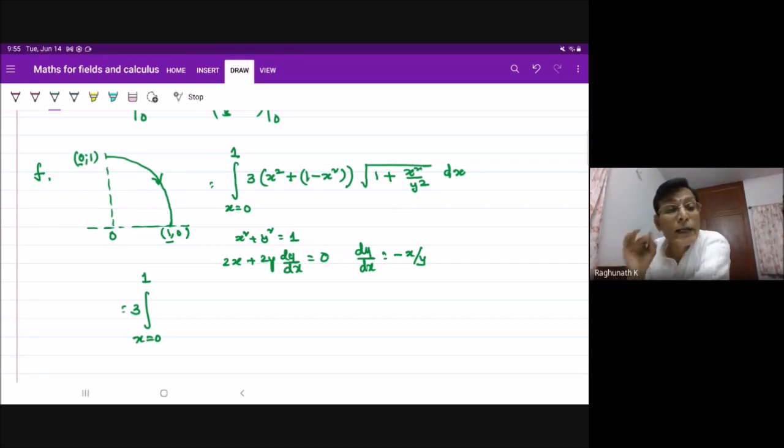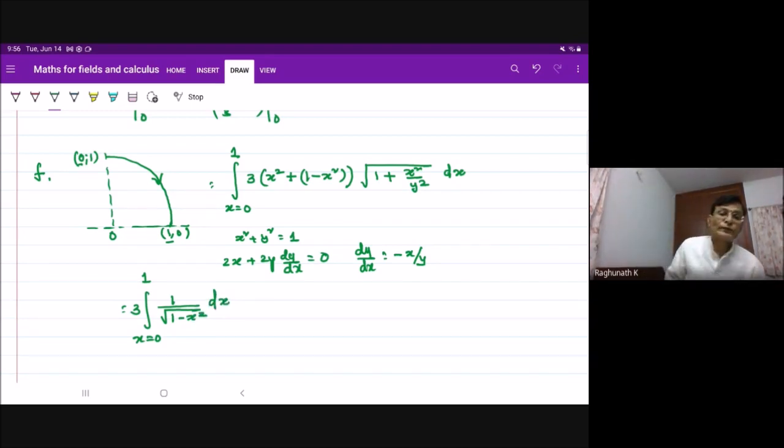X square plus y squared is equal to 1. Please check it. Y is what? 1 by root of 1 minus x squared dx. Okay, 1 by root of 1 minus x squared. What is the integral? Sin inverse x.